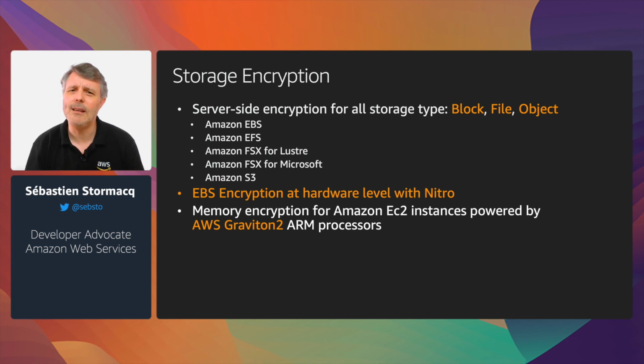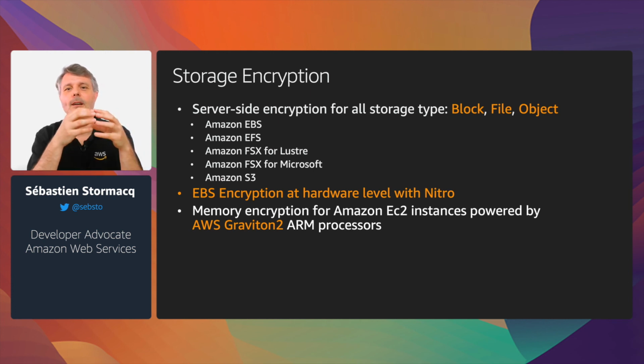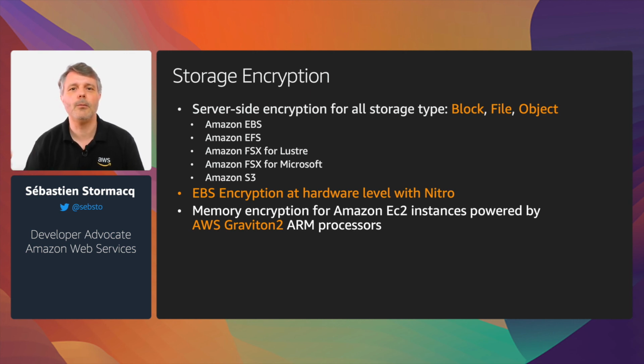A quick note about EBS there. If you choose to encrypt the data at rest on EBS, the encryption is done on the server side, on the physical hardware, I should say, that hosts your Amazon EC2 instance. And once again, we are leveraging the hardware virtualization chip Nitro to do that encryption. So it means that at the time the packet is going to leave the physical hardware, so over the network, the packet is already encrypted, your data is already encrypted, and it will be stored encrypted by EBS.